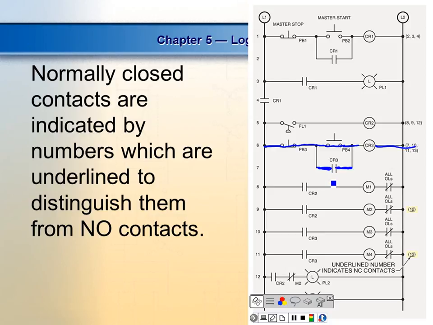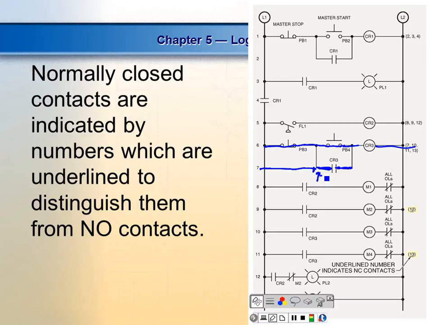Line numbers are always on the left side of L1. So if I follow this over, this right here is line 7, because it's a horizontal line. Does the horizontal line have to go to L1? Does it have to go to L2? No. If it's a horizontal line, it gets a number. You understand? So now I'm trying to talk about that normally open contact.